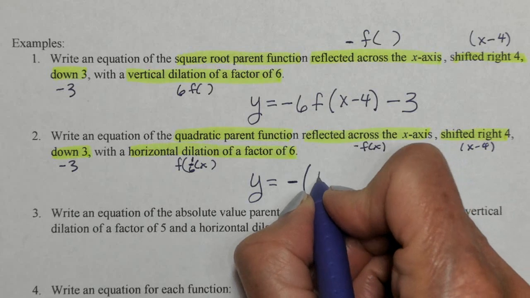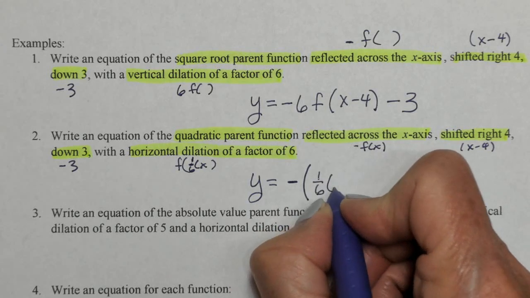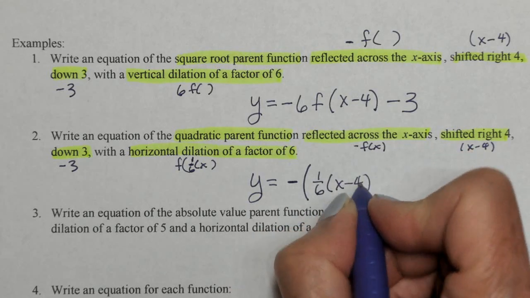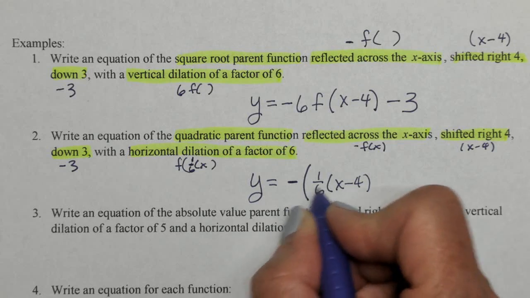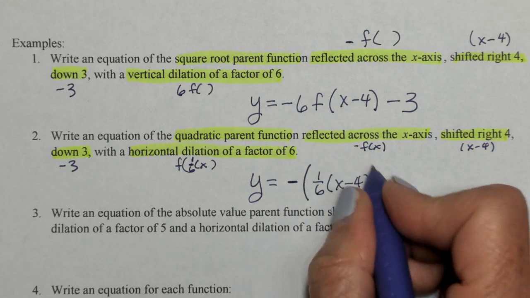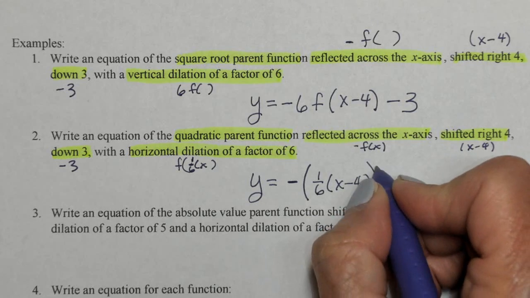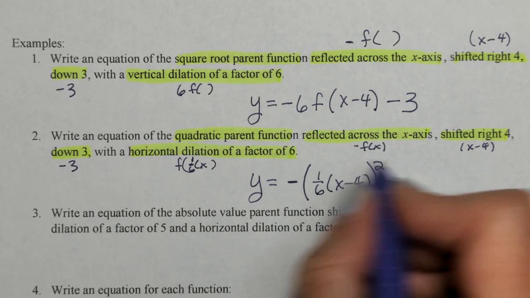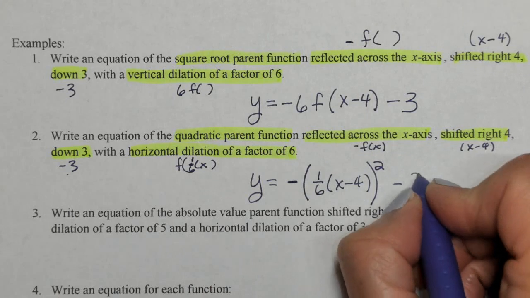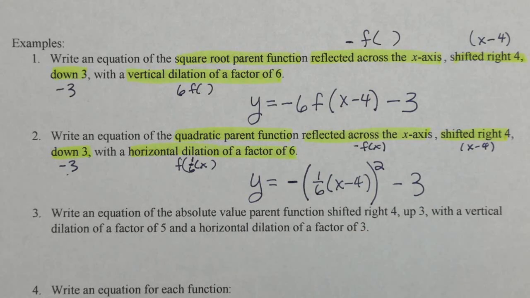So it's going to be 1/6 times x minus 4. You apply the 1/6 to the shift. That's all in there in our parent function, so that all is being squared. And at the end, minus 3. Down 3.